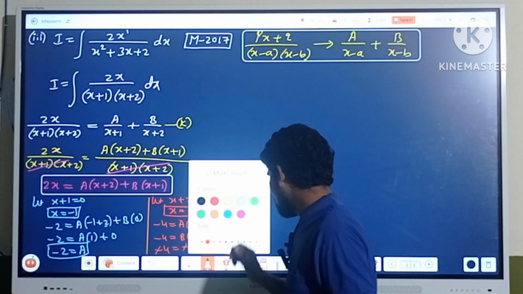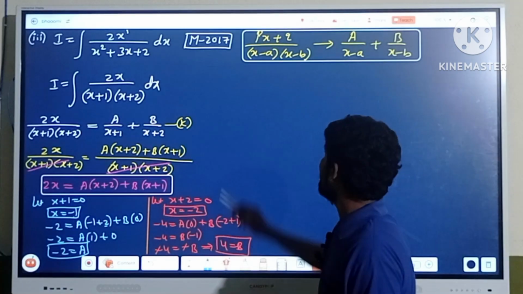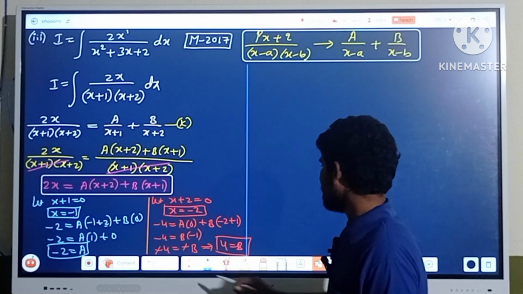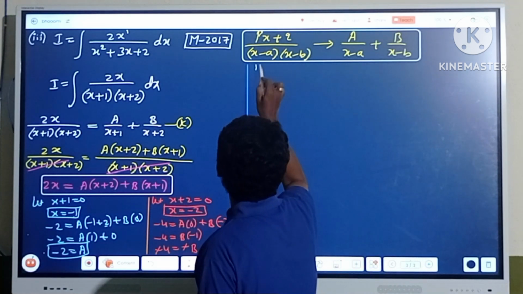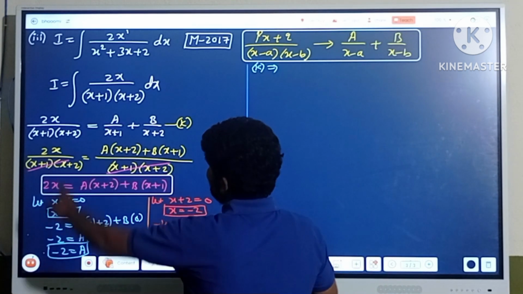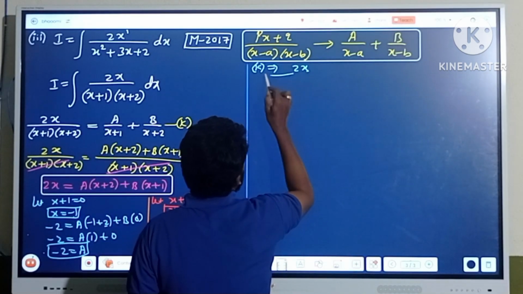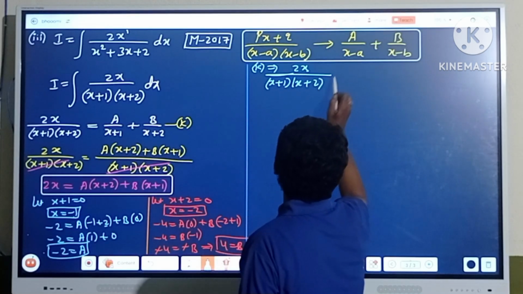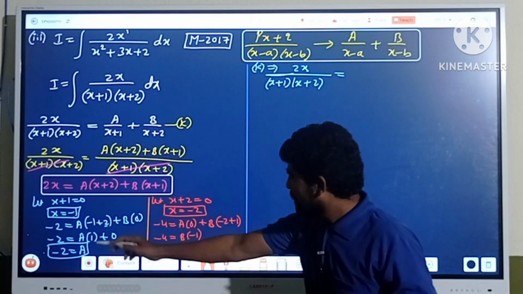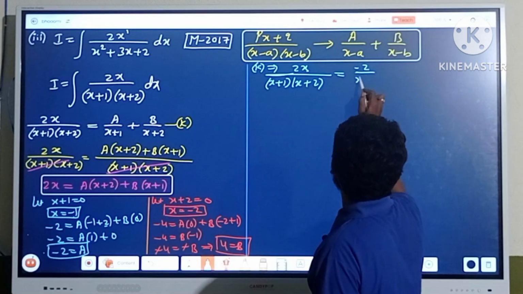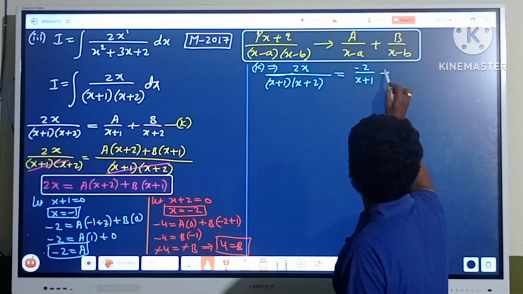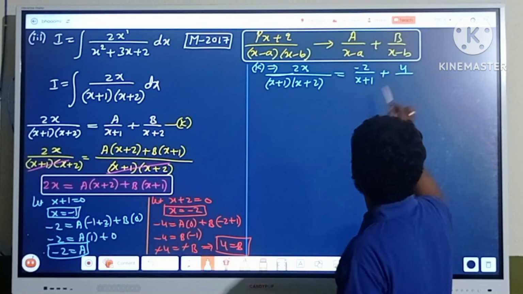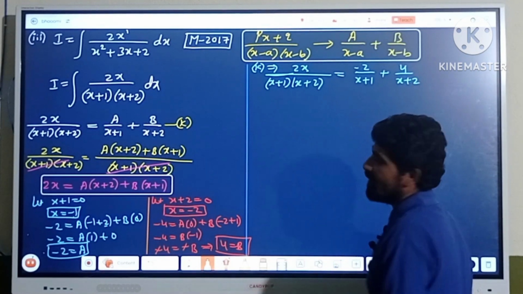What next? Again same thing, use these two values in equation k. Therefore equation k implies, LHS as it is, 2x divided by (x + 1)(x + 2), equals the value of A, −2, divided by (x + 1), plus B is 4, so 4 divided by (x + 2).